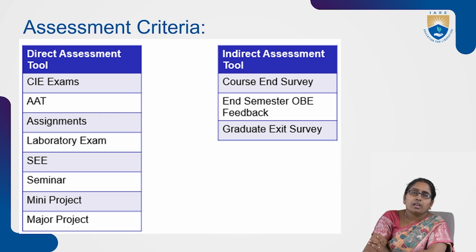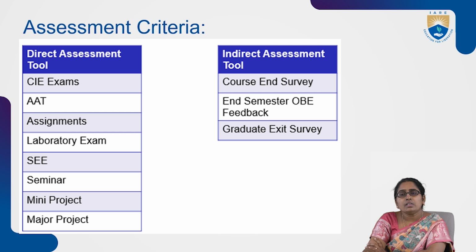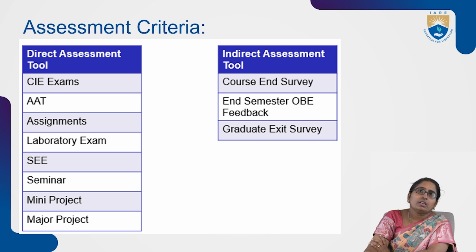Next, the assessment criteria for the student result. That means there is assessment for the student to test the student learning. Here there is a direct assessment tool and an indirect assessment tool.